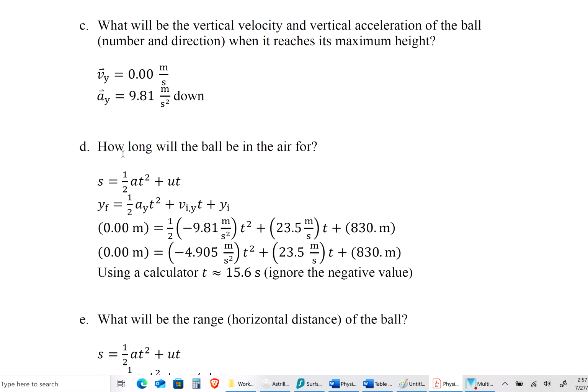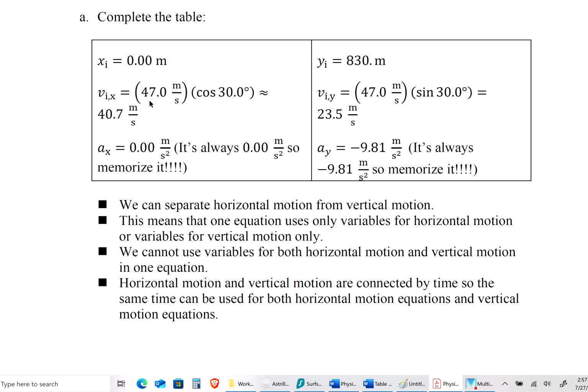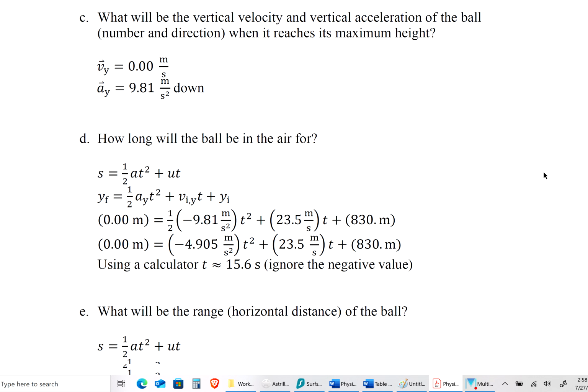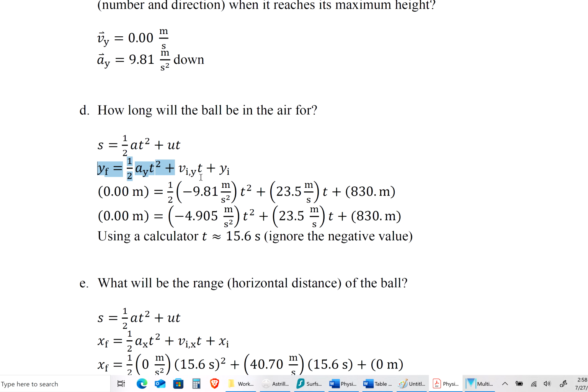Part D, how long will the ball be in the air for? So just like the previous problem, we're only going to look at the variables for the vertical direction. So taking this equation, y initial is 830 meters from the question, y final is going to be 0 when it strikes the ground.